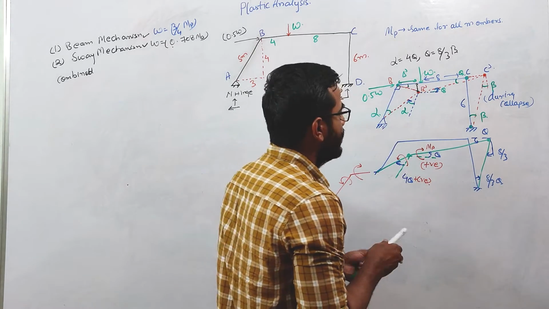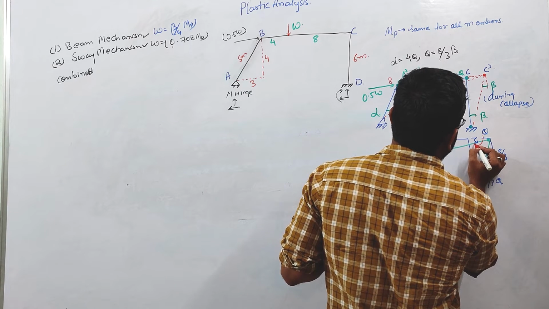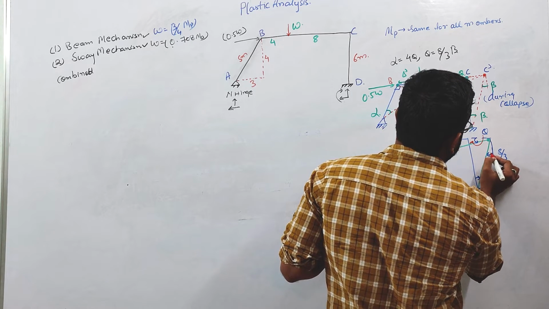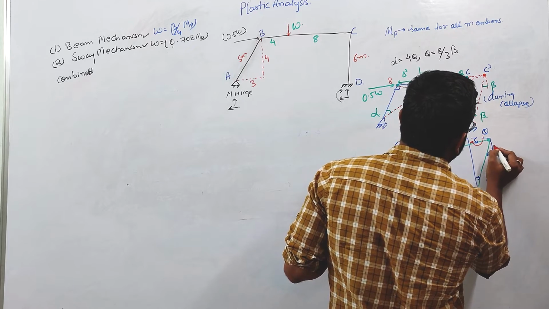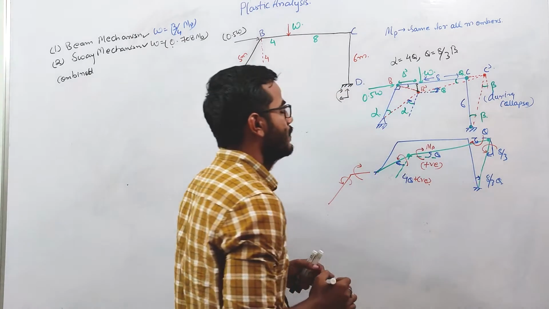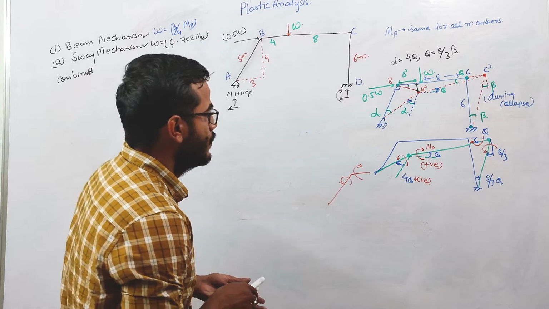Similarly, at this point, this theta is anti-clockwise, so to oppose it there will be some clockwise moment. And here this is anti-clockwise, so the moment will be anti-clockwise, right? So what is the situation?